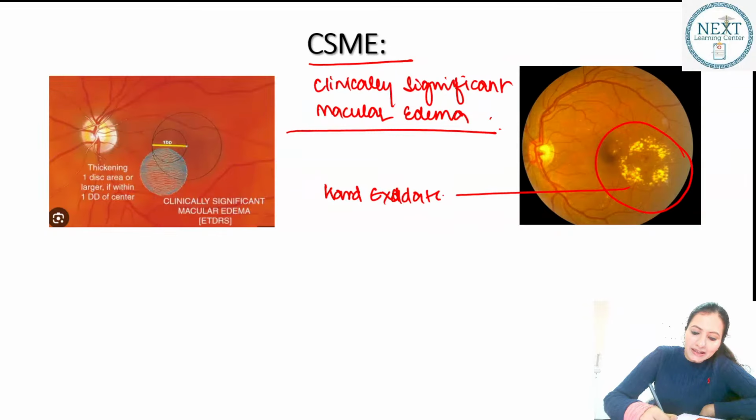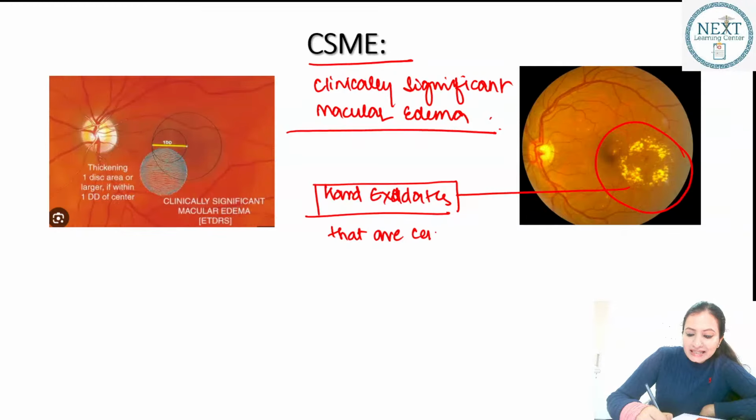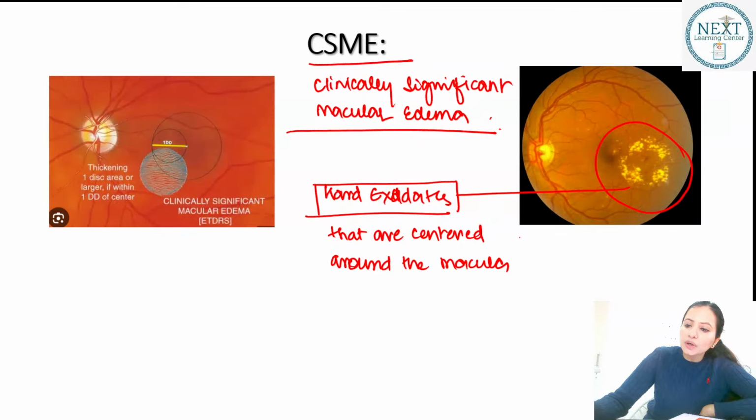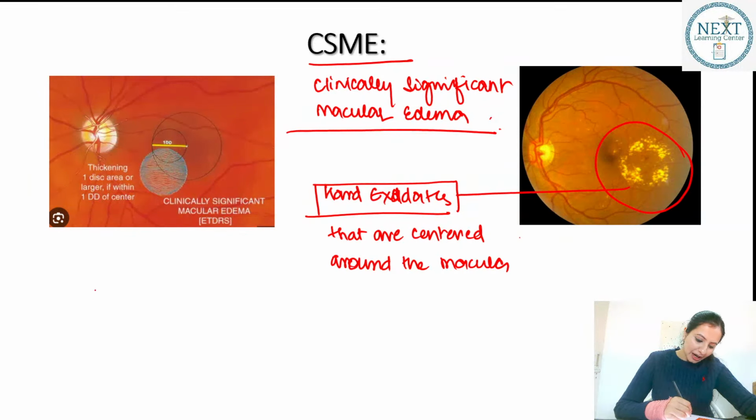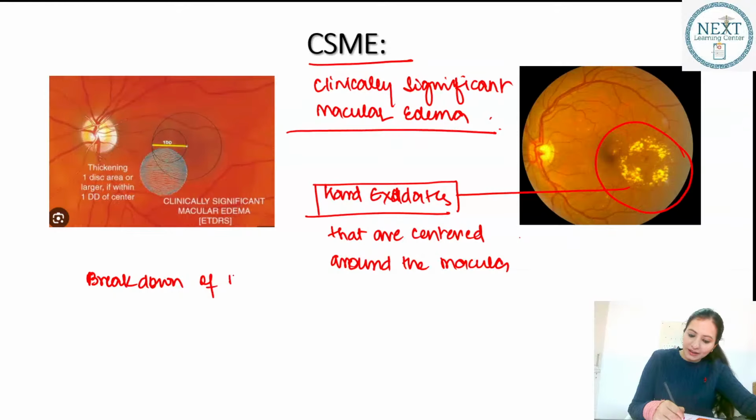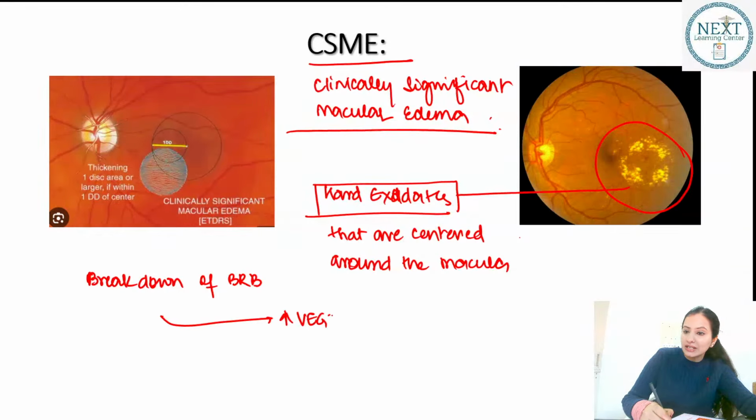So in clinically significant macular edema, you are going to see hard exudates centered around the macula. Why does it occur? This occurs due to the breakdown of the blood retinal barrier. Now this breakdown of the blood retinal barrier will lead to an increase in the VEGF levels.